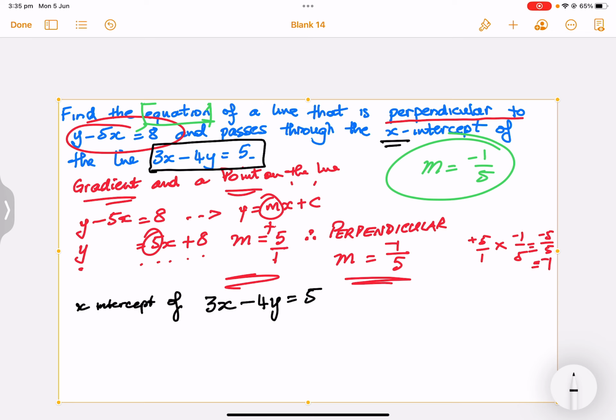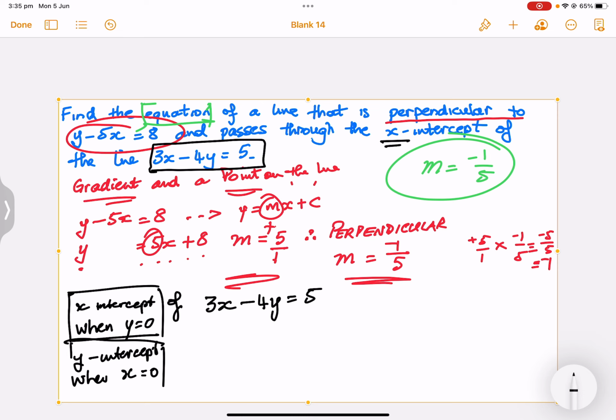Now, the x-intercept happens when y equals 0. And by the way, just so that you know, the y-intercept is when x equals 0. So all along the y-axis, you've got 0 x values.